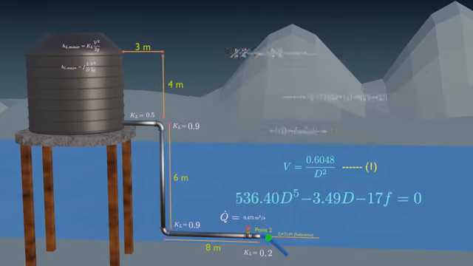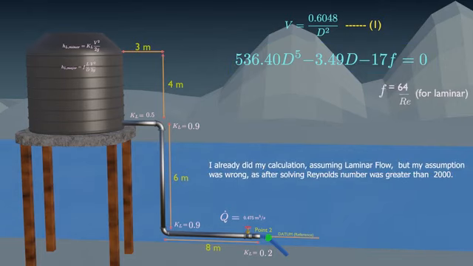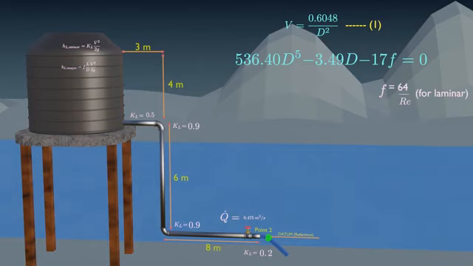Now, if you assume laminar flow, then you can solve this equation by using the friction factor as. But for this case, our assumption of laminar flow will be wrong. Because after solving and getting the velocity and diameter, calculate the Reynolds number.